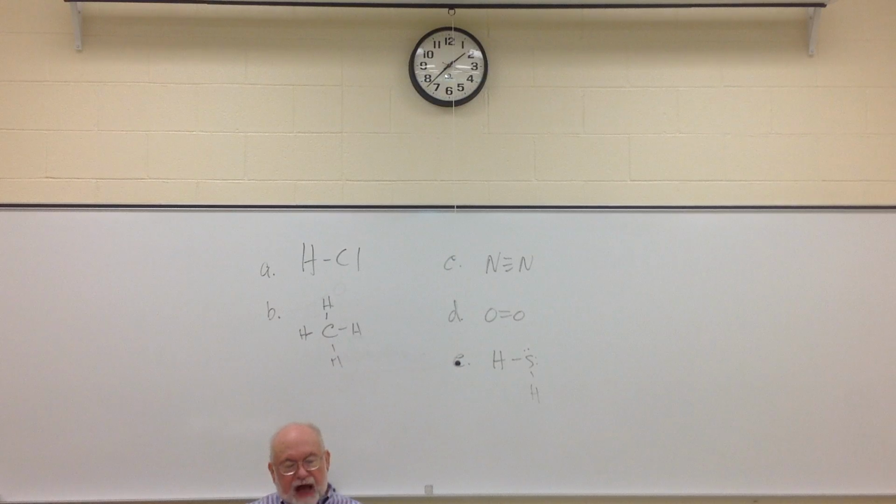All right, number 5. Which of the following is true of an acid? A, they release hydroxide ions when in aqueous solution. B, they are proton acceptors. C, they cause the pH of a solution to increase. D, they generate hydronium ions when in aqueous solution.